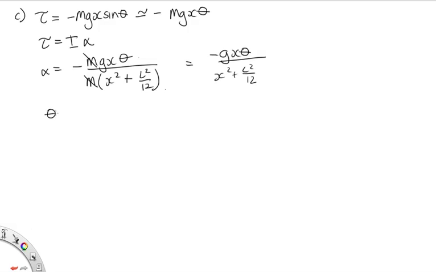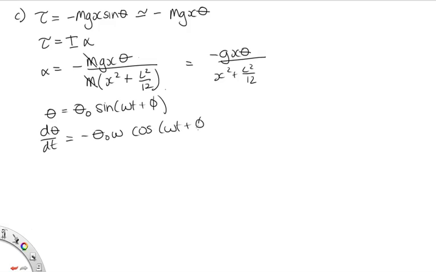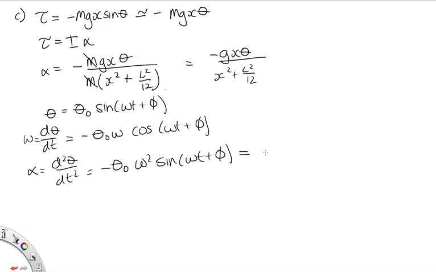So theta, the angle, is going to have the form theta equals theta naught sine(omega t plus phi), the phase constant. d theta dt is then equal to minus theta naught omega cos(omega t plus phi), just taking the derivative of this, and alpha is equal to d squared theta dt squared, which is equal to minus theta naught omega squared sine(omega t plus phi), which is equal to minus omega squared times theta, because this thing here with the theta naught is a theta.